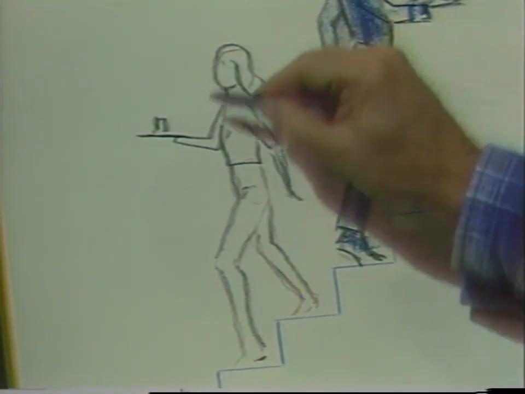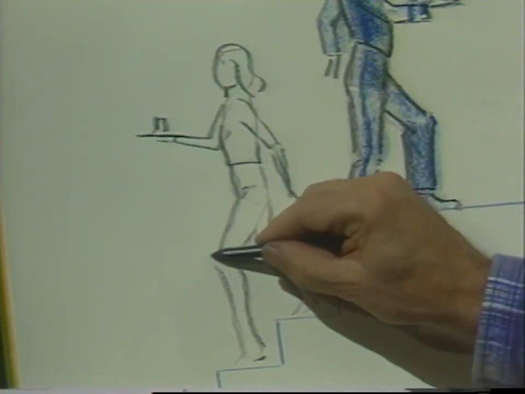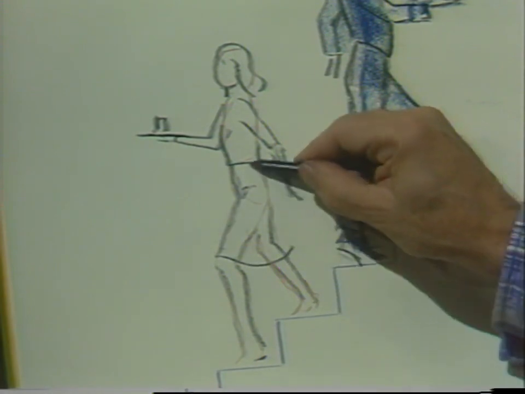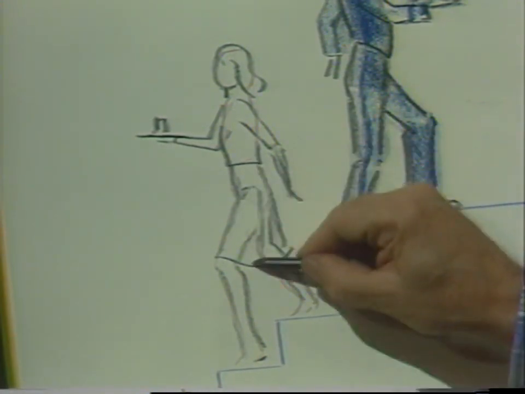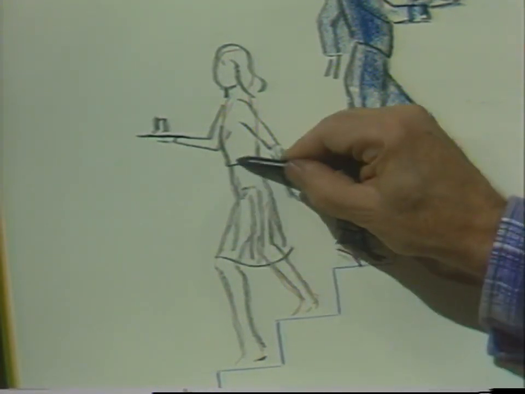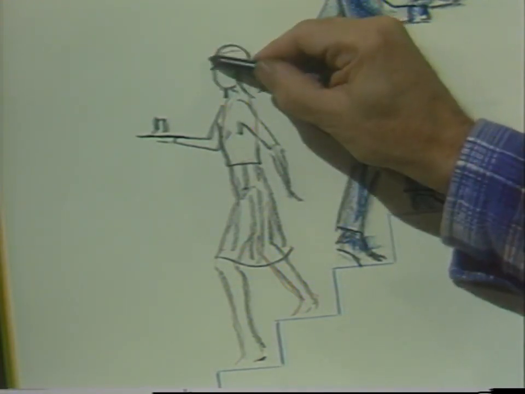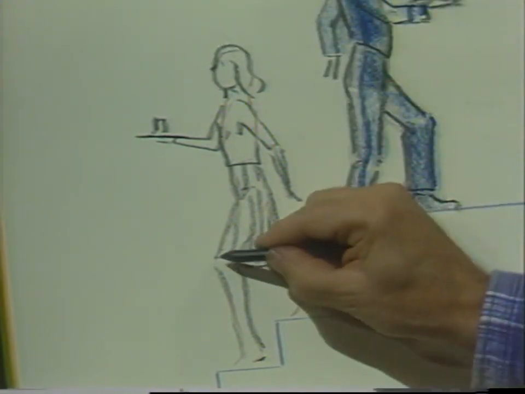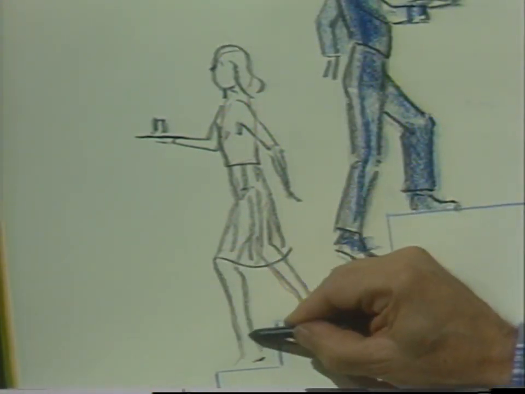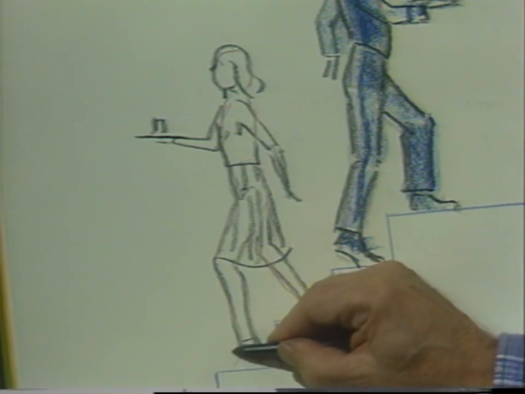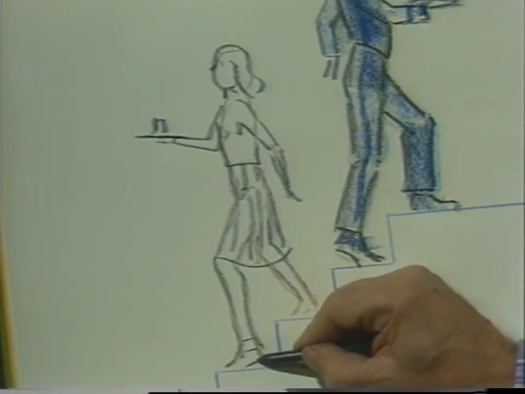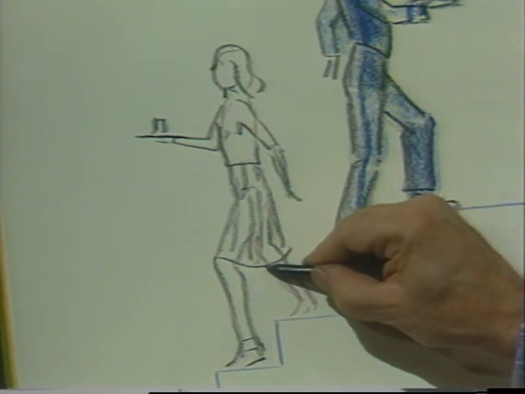And after you have the figure pretty well drawn, you can costume it. In art, we call it sometimes in drawing draping. Put a skirt here. And later, you could color. And you could have a picture of, instead of one figure here, we'd have two figures.